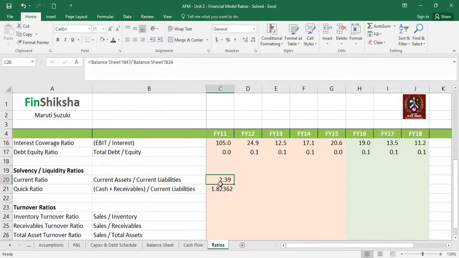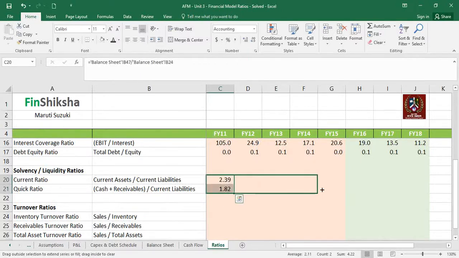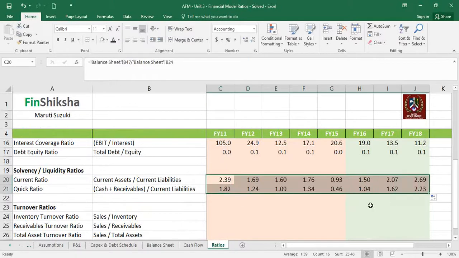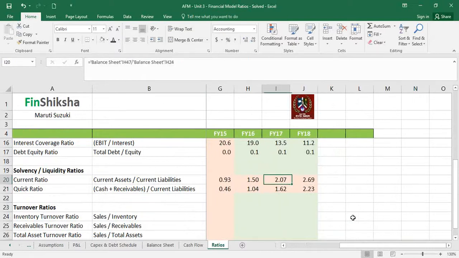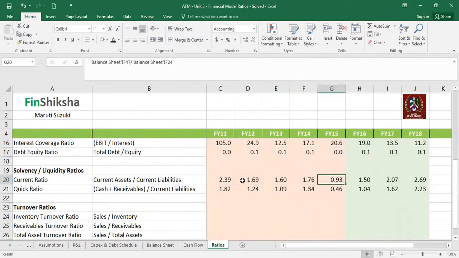So even this number is a fairly healthy number as per textbook definitions of current ratio and quick ratio. Typically, the higher the number, the better your chances of meeting your short-term obligations. Though we have discussed earlier in AFSA that sometimes this may not work, and companies with lower current ratios, like what we see towards the end, may still do well.